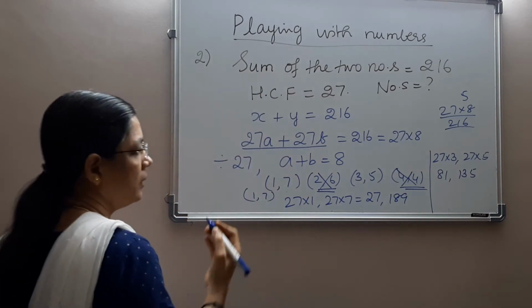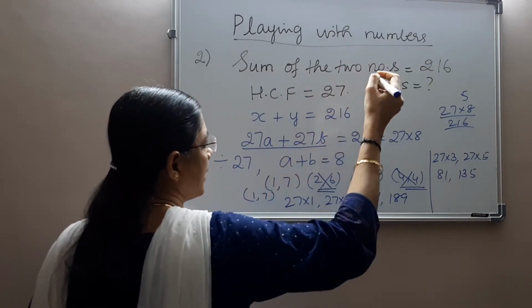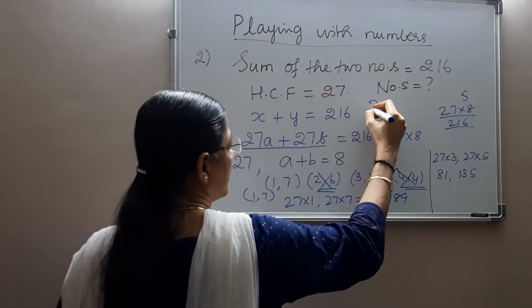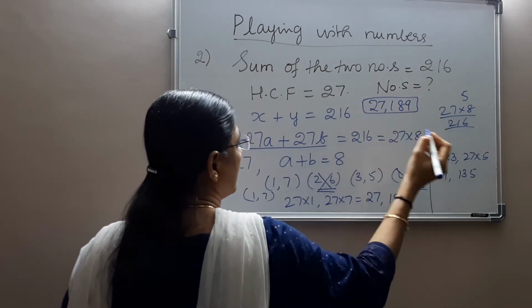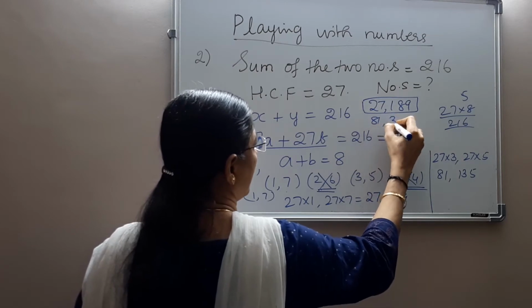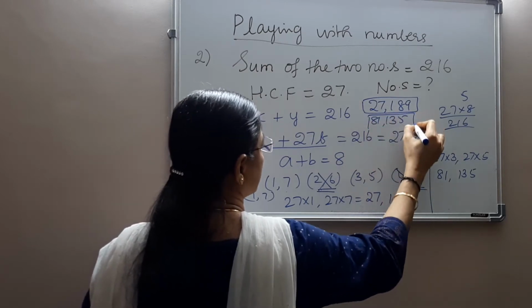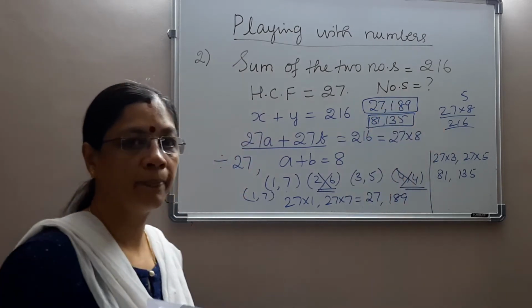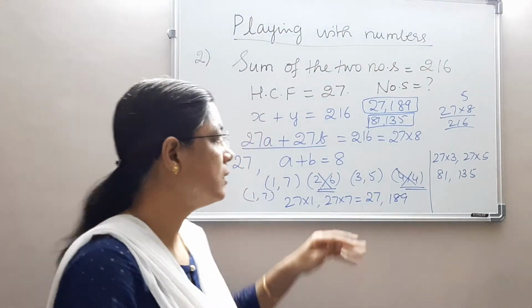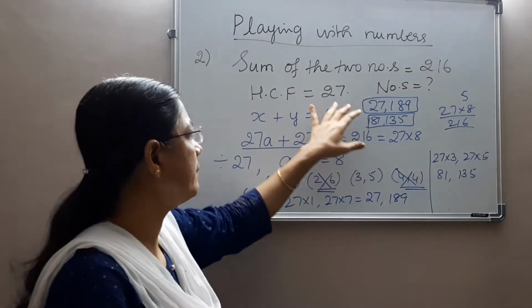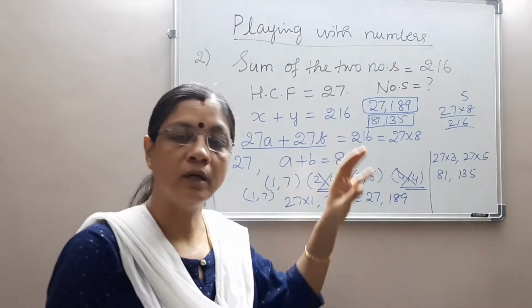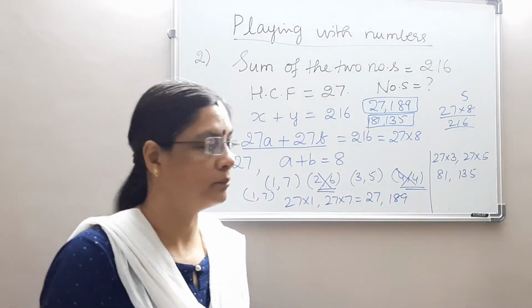So the numbers which give you the sum 216 and HCF 27 are 27, 189 as one set, and 81 and 135 as the other set. These are the possible pairs of numbers which will give you the sum as 216 and the HCF to be 27. Okay, so that is how you proceed with the problem.